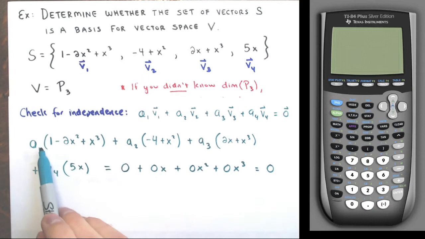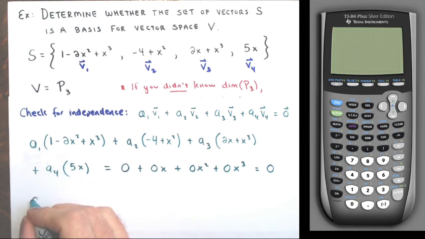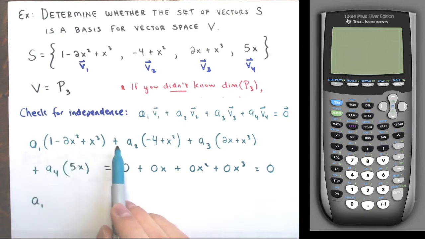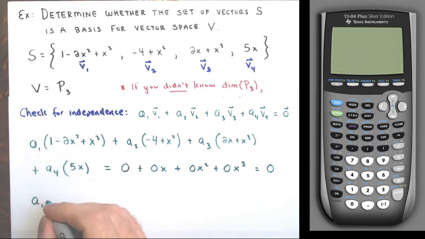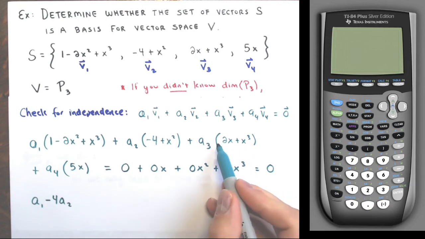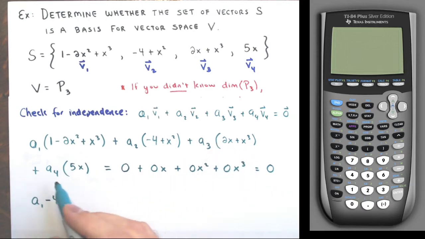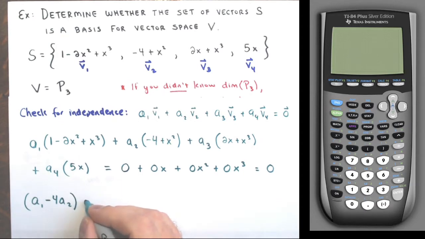I'm just going to skip ahead to the end here, not the end of the statement, but put all the constants together. I'd have a1 times 1, so a1, then minus 4a2. I'm just looking at the constants, the terms with no x on them. There's no constant in this polynomial, and no constant in that one. So there's the constant term of the polynomial on the left side, plus the combined first degree terms, the x to the firsts.